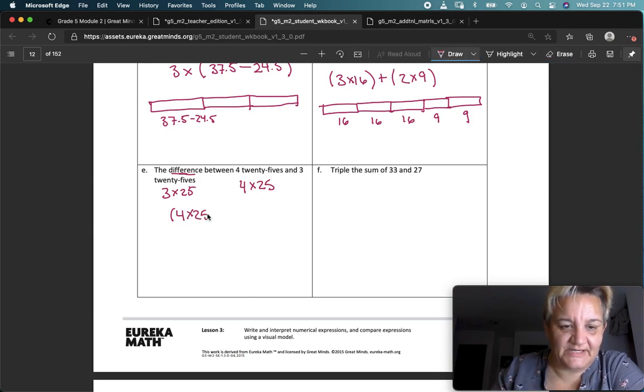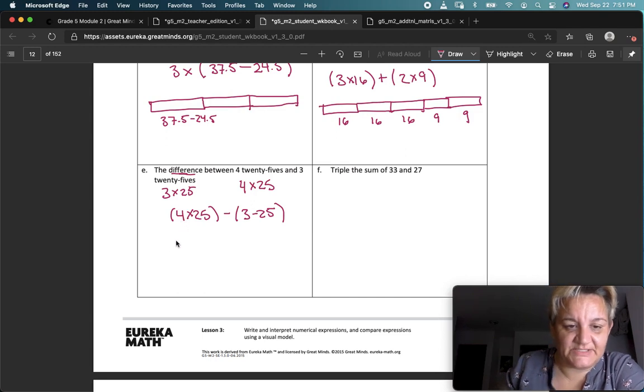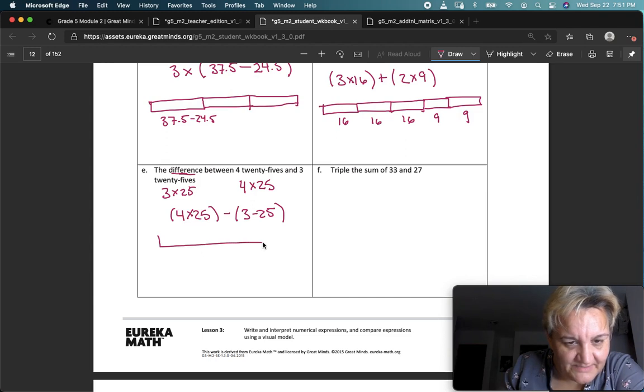4 25s here, minus 3 25s here. And that's my expression. I'm not calling these equations, I'm calling them expressions. So what I'm going to do is draw 2 tape diagrams.